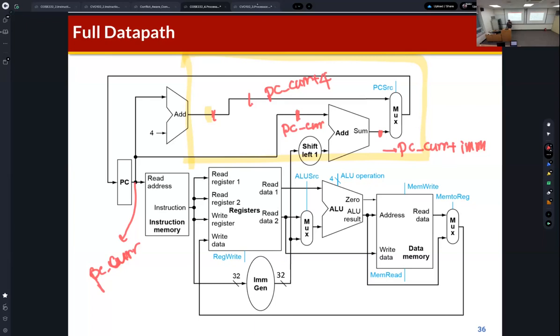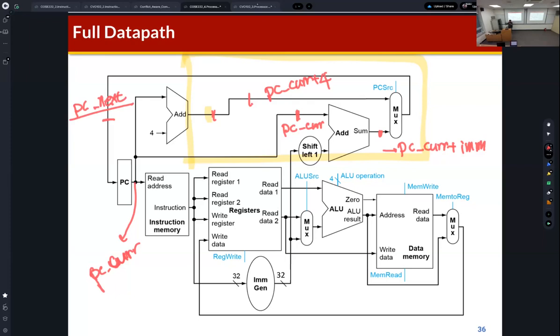So for the branch instruction, based on the result of the branch instruction, this is the PC_next, the program counter of the next instruction.